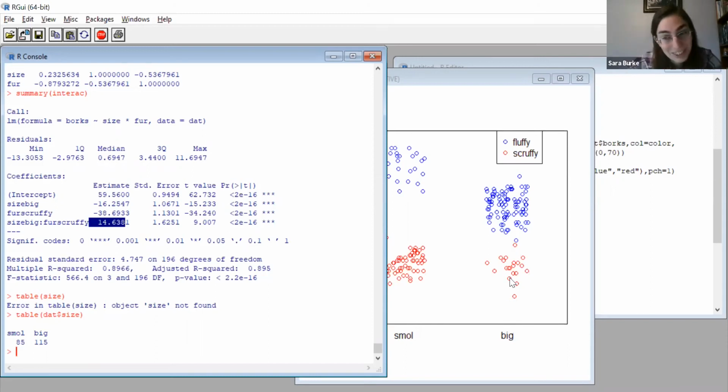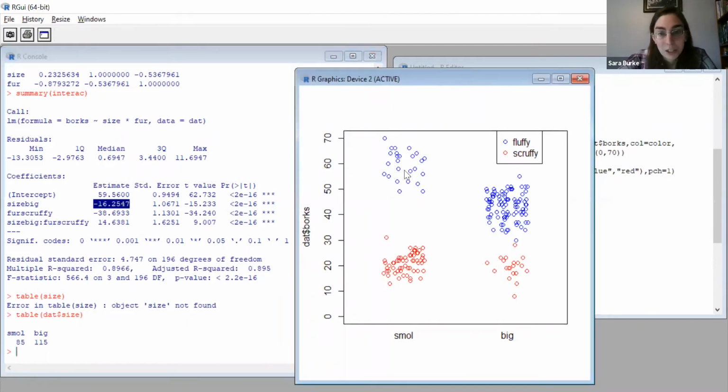Not usually the most intuitive way for everyone, but one that I thought I would bring up. Another way to think about it is, let's suppose I'm focusing on this. I've learned that the slope associated with the size variable is -16 for the fluffy dogs. So the difference between small and big is 16 for the fluffy dogs.